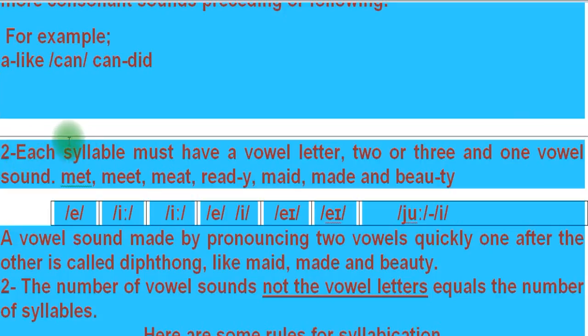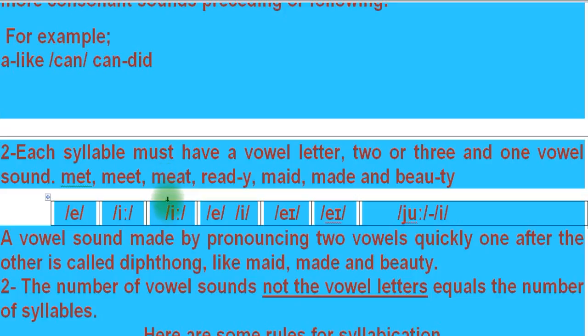Each syllable must have a vowel letter, or two or three, and one vowel sound. Met has E as a vowel sound.